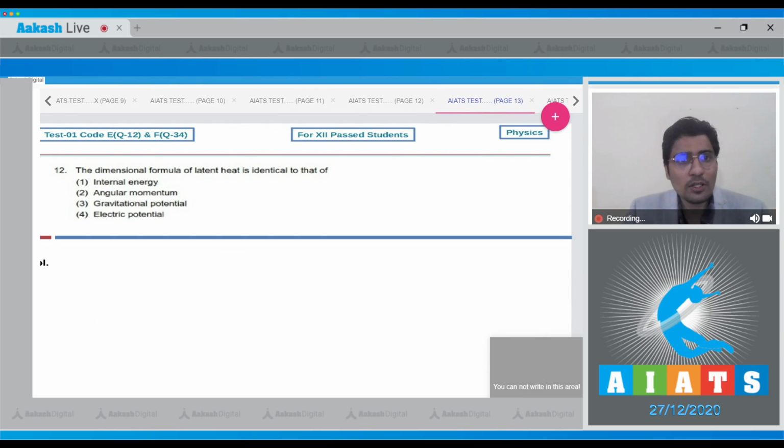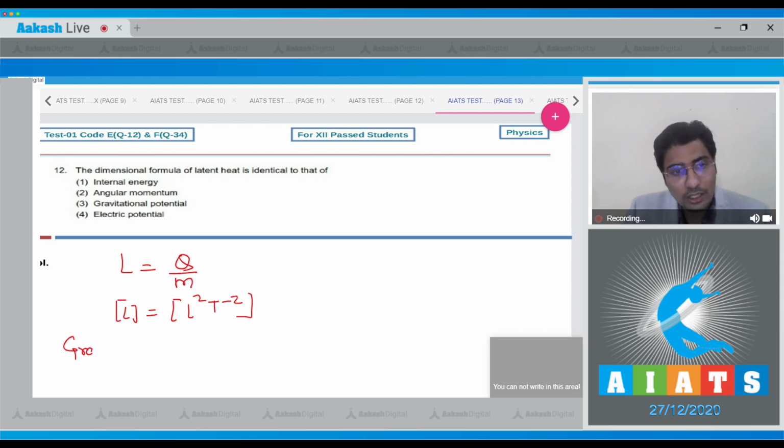In this question, the dimensional formula of the latent heat is given as identical to that of: internal energy, angular momentum, gravitational potential and electric potential. Latent heat is the heat per unit mass, so the dimension of latent heat will be equal to L^2 T^-2.